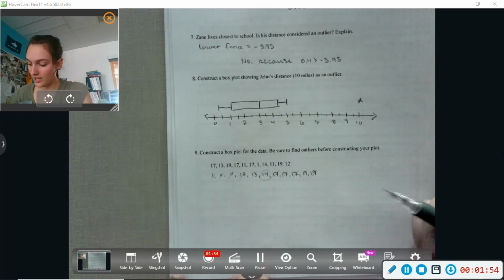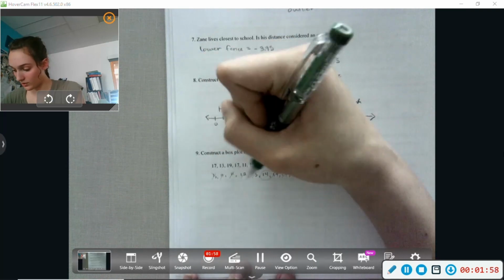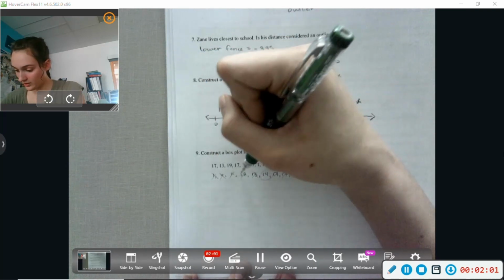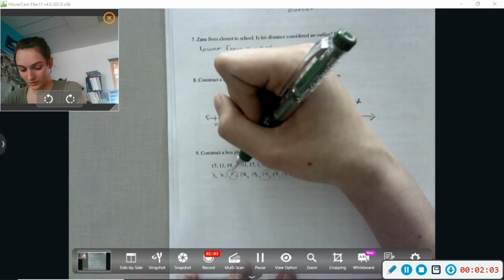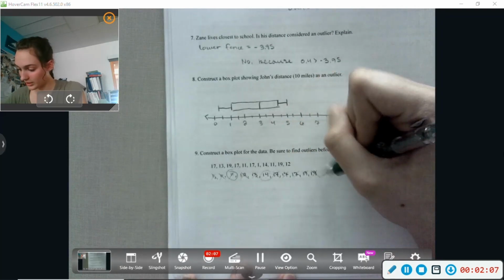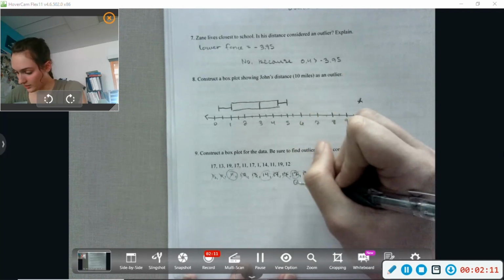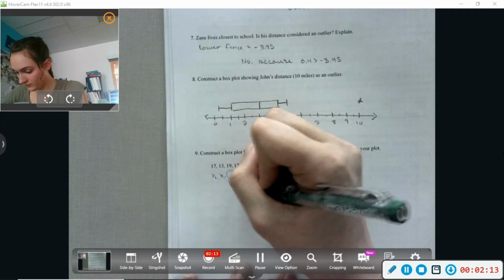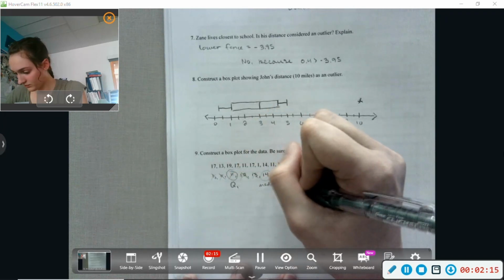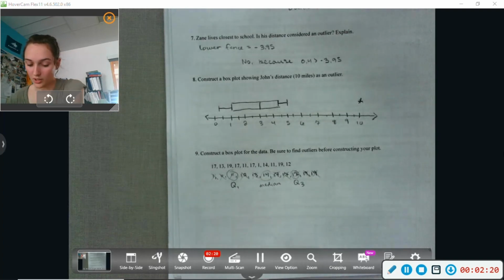Looking at this half of the data, I cross out 1 on each end until I find that 11 is my Q1. Same thing over here, I cross out 1 on each end until I find that 17 is my Q3. So we found our Q1, our median, and our Q3.